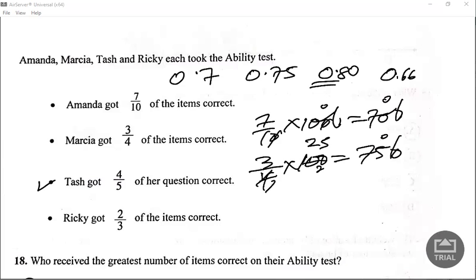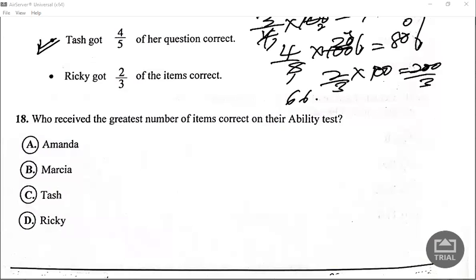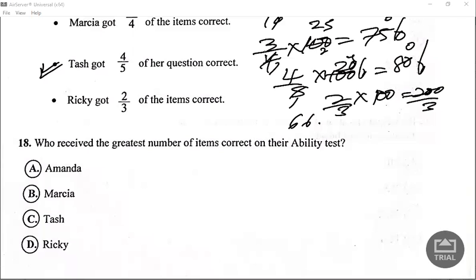And of course, 4/5 times 100%, 5 into 100 is 20, times 4 gives 80%, and of course 2/3 is going to be 200/3, which works out to 66 point something percent. So the answer would be Tash.